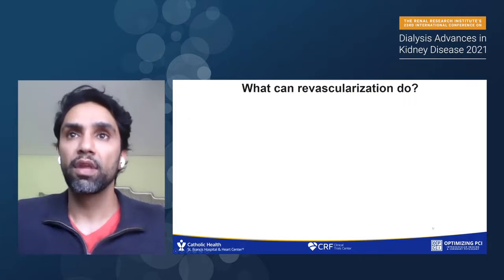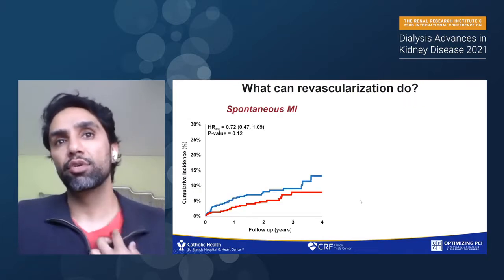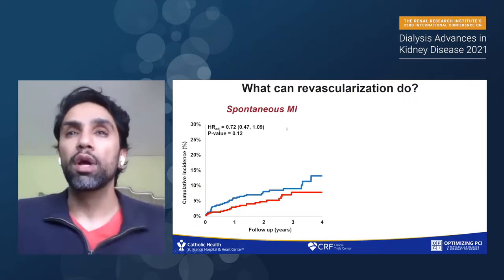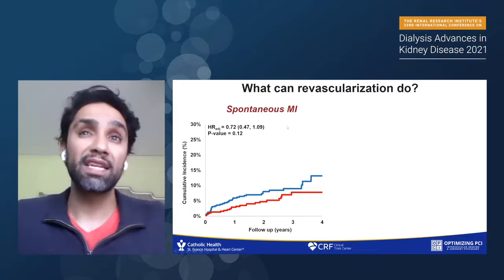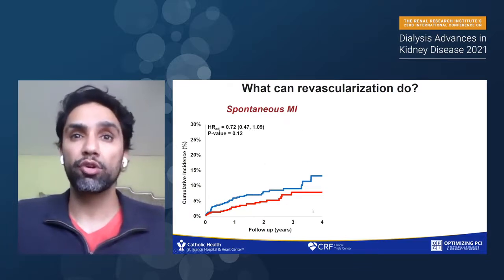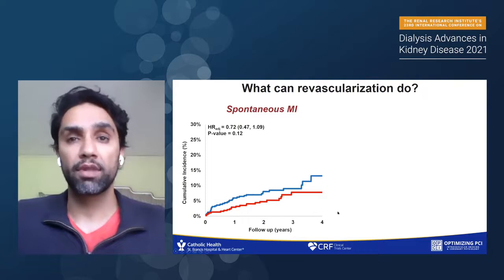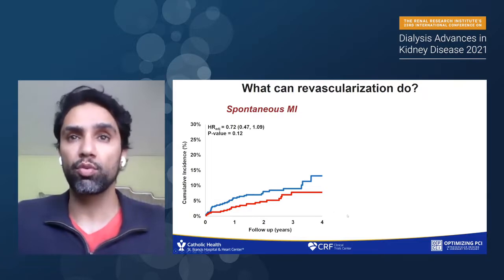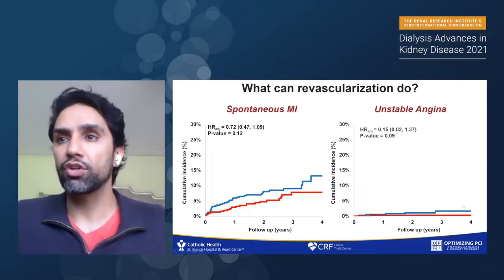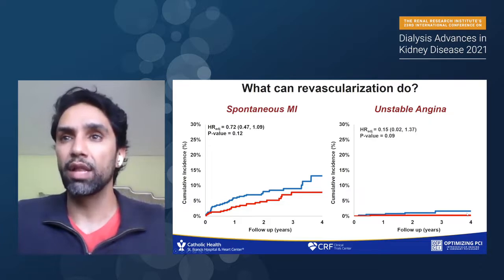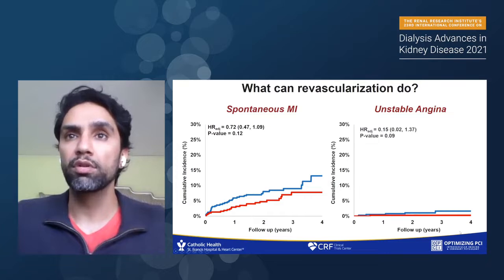The answer is no. What can revascularization do? Well, we think if you basically plug up someone's artery that's very tight and they're at risk for rupture, you can reduce their spontaneous myocardial infarction. That's probably true, so there's a trend towards that. You could probably reduce them from having plaque progression and reduce their risk of getting unstable angina. That's almost kind of trending true. These two were not pooled.